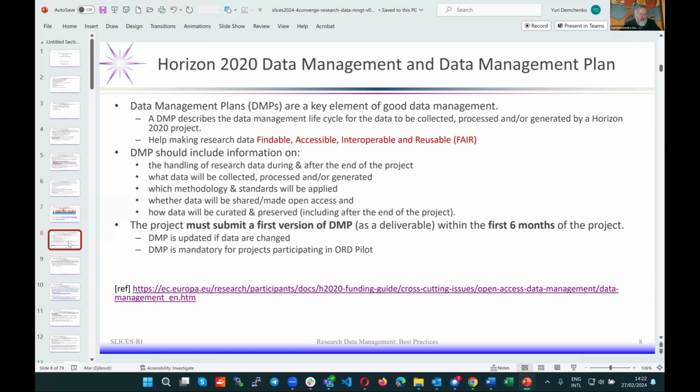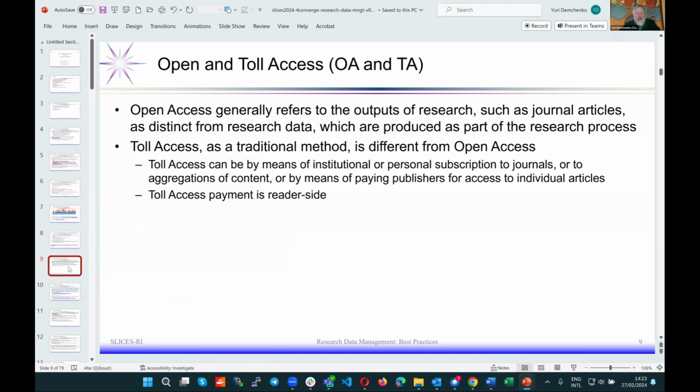But my still observation is that this practice of implementing data management in the projects or in organizations is still at a very low level. There are many reasons for this. We're trying in some way to cope with this problem.